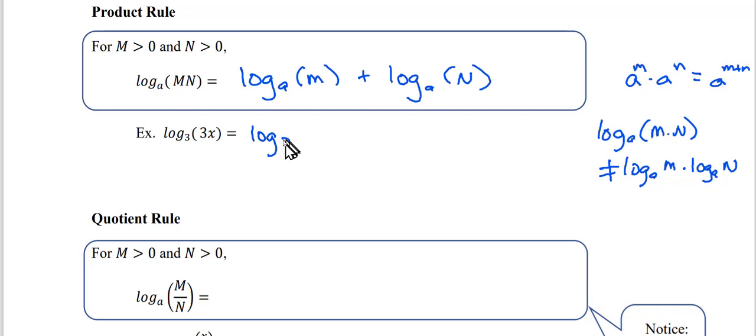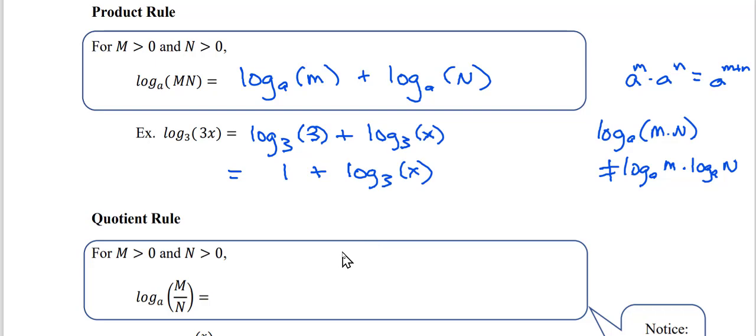In this case, this will break down into log base 3 of 3 plus log base 3 of x, using that property. A product inside a log can be separated into two separate logs with addition between them. Log base 3 of 3 is 1, if I want to simplify that. 3 to the first is equal to 3.